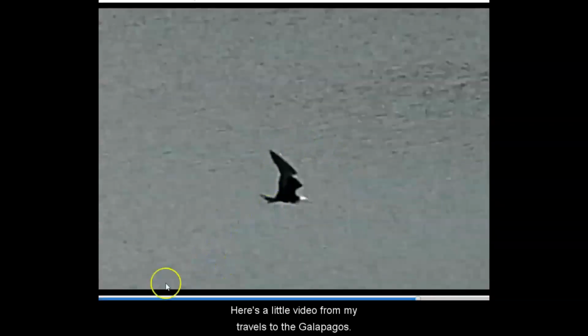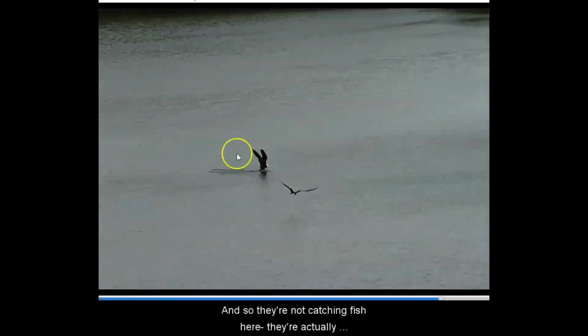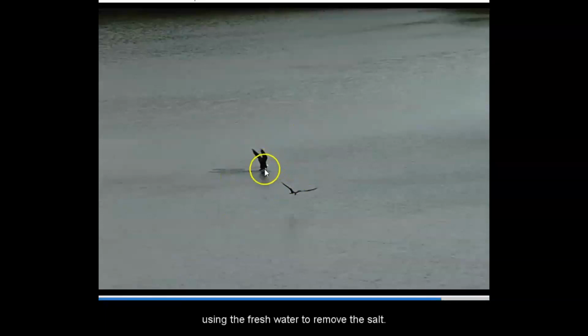Here's a little video from my travels to the Galapagos. These are frigate birds, and they hunt in the ocean, and they get a lot of salt water. They will wash their feathers in this freshwater lake. They're not catching fish here, they're actually using the fresh water to remove the salt.